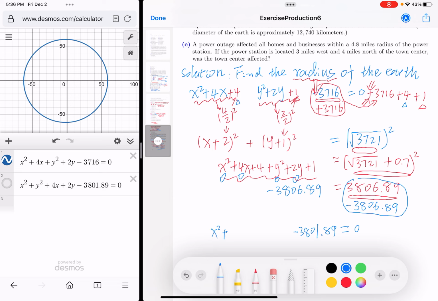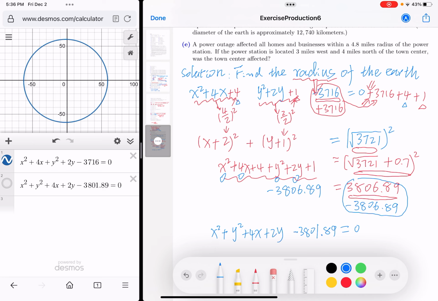And the other terms are the same, so you copy them right here. That would be x squared plus y squared plus 4x plus 2y.